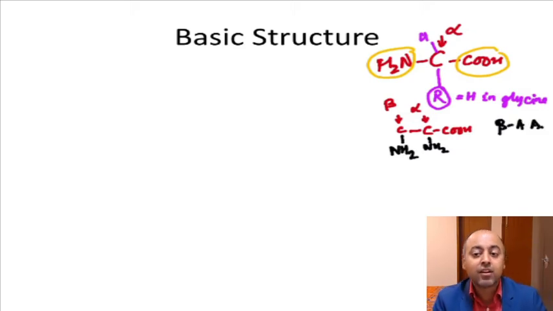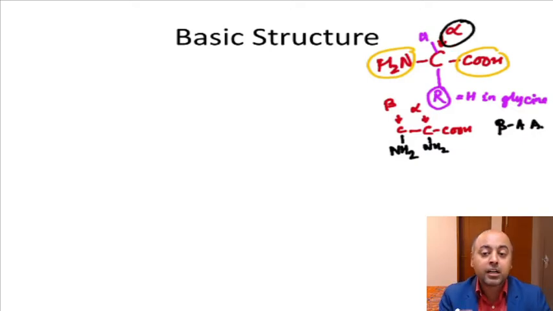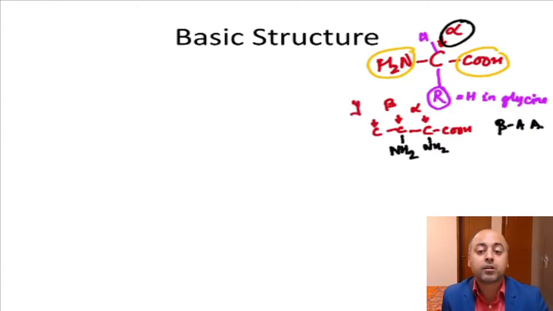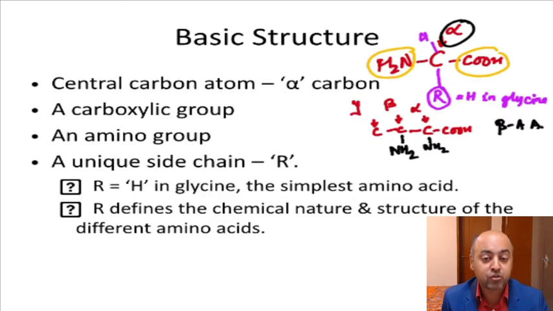Commonly we talk about the alpha amino acid, but if the amino group is placed at the second carbon, it will be the beta amino acid. Similarly, if it is attached to the third carbon, then obviously it will be the gamma amino acid. So alpha amino acid is the common amino acid that we come across, but depending on the position of the amino group, you can have alpha, beta, and gamma amino acids. You can have different types of amino acids.